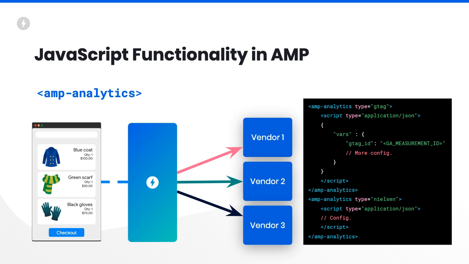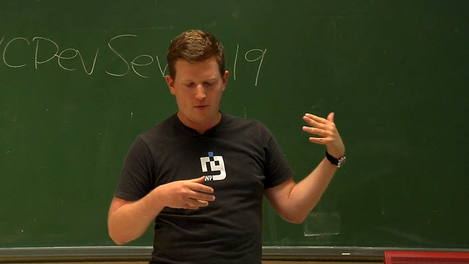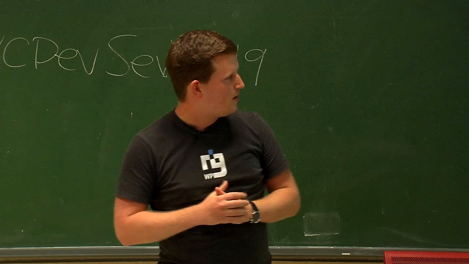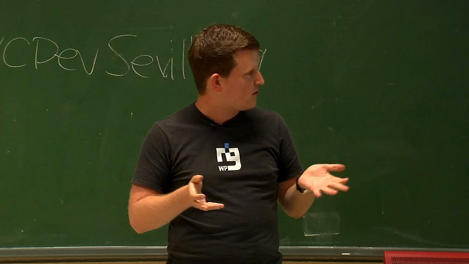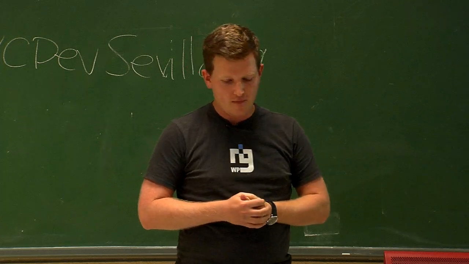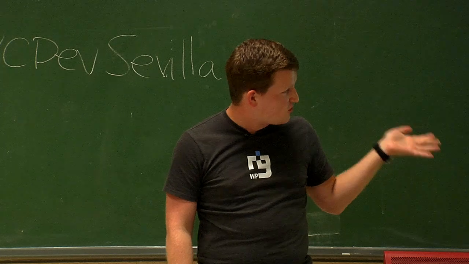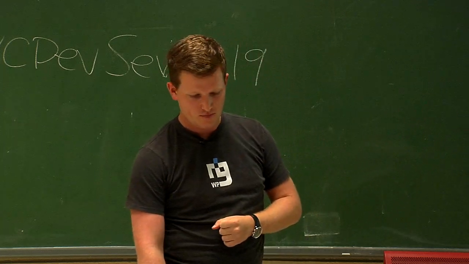And if you have multiple tracking scripts, which sometimes you may need, the AMP Analytics component always batches all of these events and sends them in one go, which spares CPU power and the battery of the user's device. So especially when you have multiple tracking scripts, this significantly improves performance.